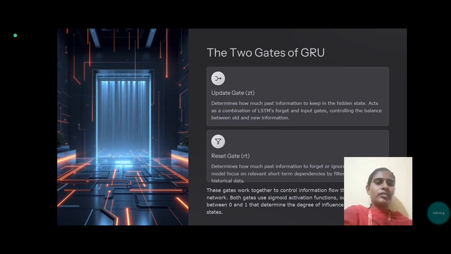The reset gate determines how much past information to forget or ignore. The model focuses on relevant short-term dependencies by filtering historical data. These gates work together to control information flow. Both gates use sigmoid activation functions, with values between 0 and 1 that determine the degree of influence.